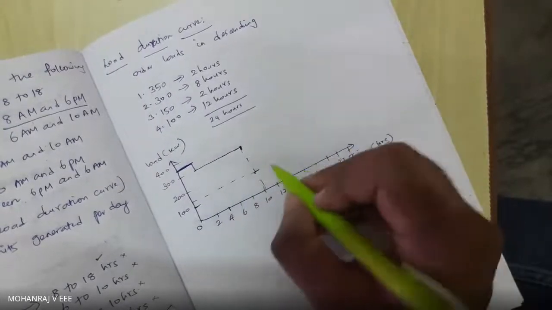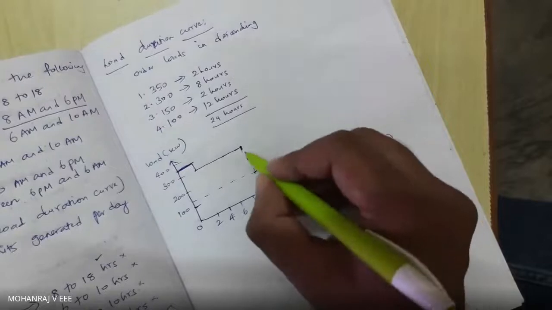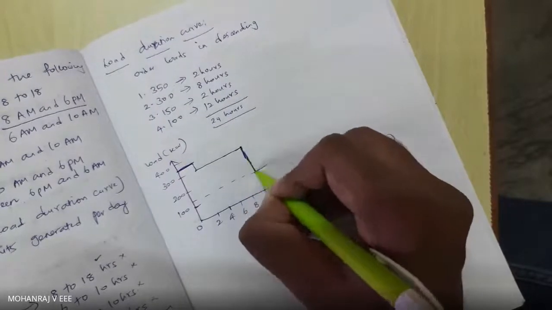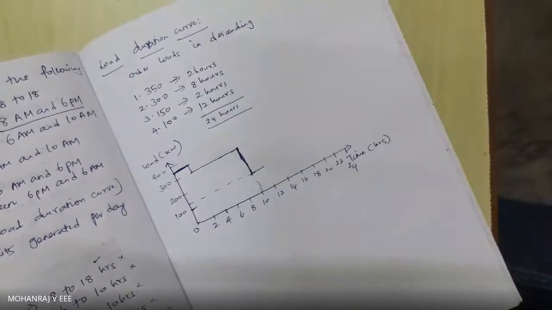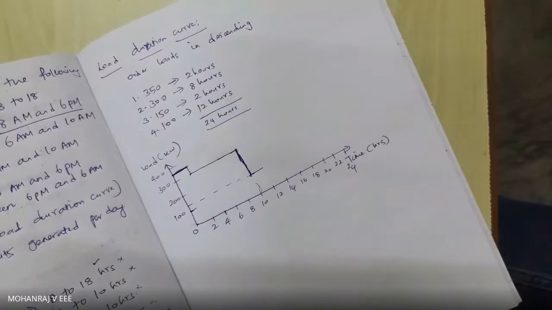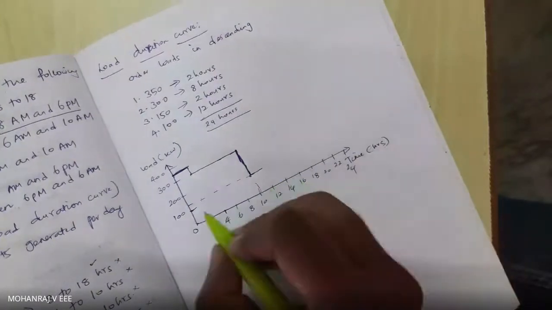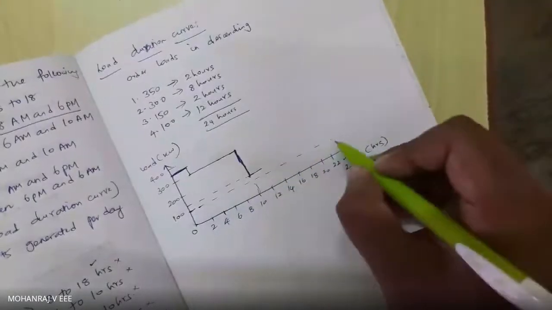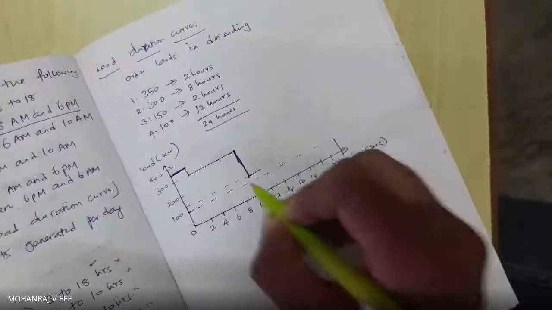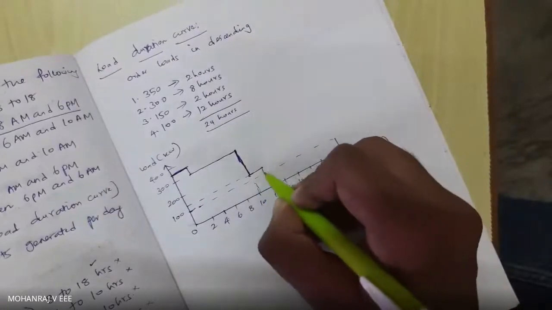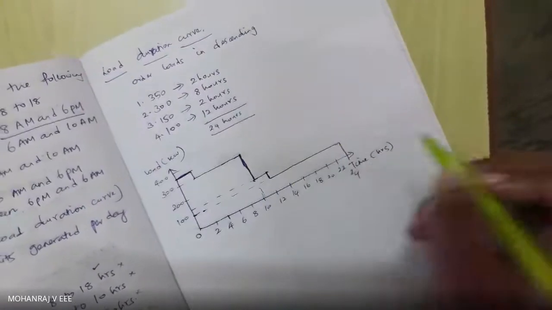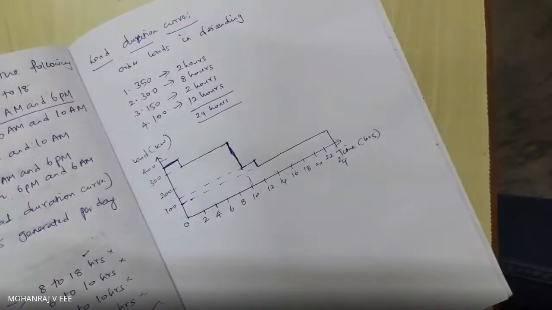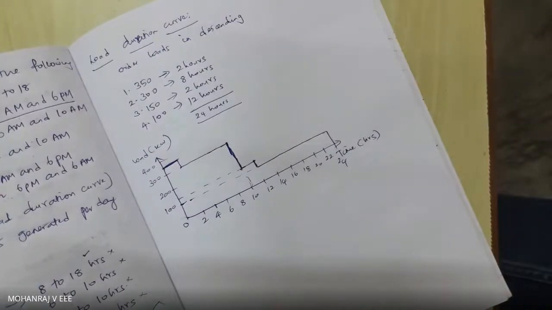Then 100 for 12 hours. Okay. So this is known as my load duration curve.